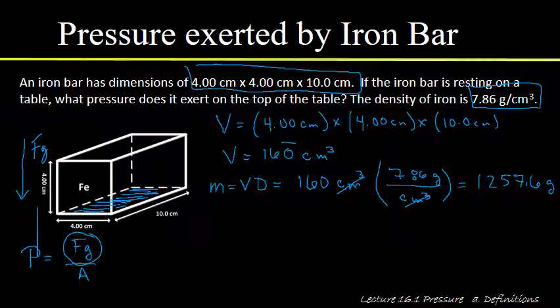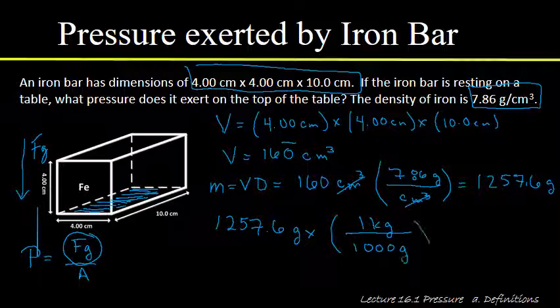Okay, and we did this on the previous calculation. We need to put that into kilograms. So let's go ahead and do a quick calculation here. 1,257.6 grams. Remember that 1 kilogram is 1,000 grams.